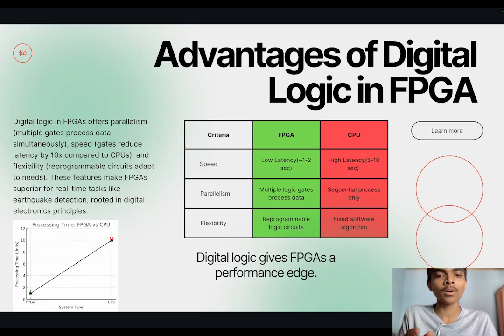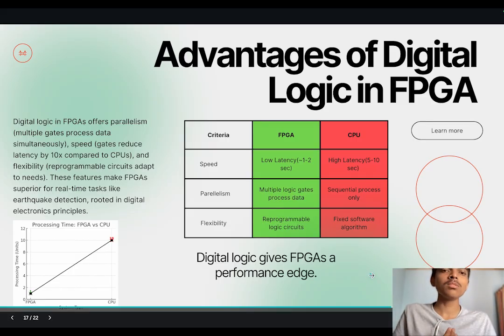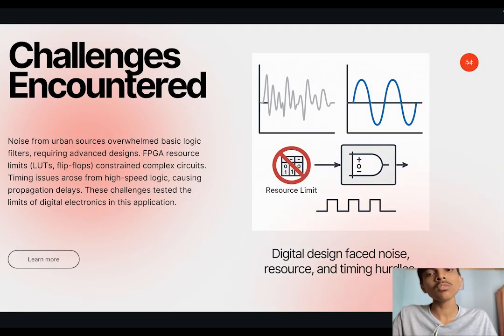And talking about flexibility, FPGA is based on reprogrammable logic circuits, while CPU is based on fixed software algorithms. So looking at all of this data, we can see that FPGA is 10 times faster than CPU, all thanks to digital electronics. Now we'll look into the challenges we encountered in our design.